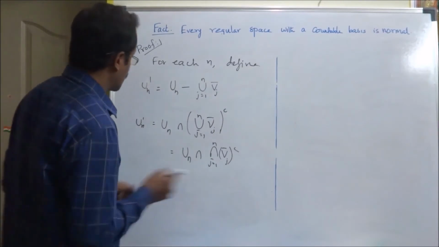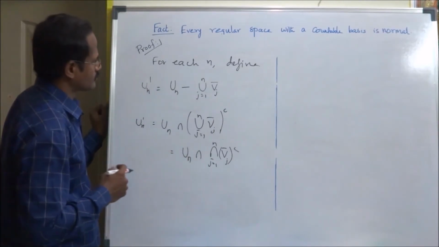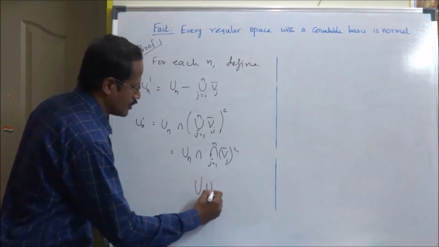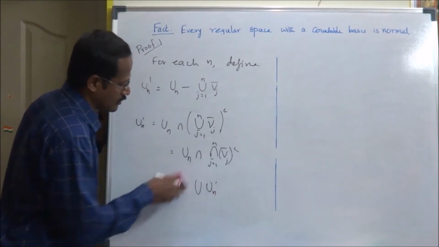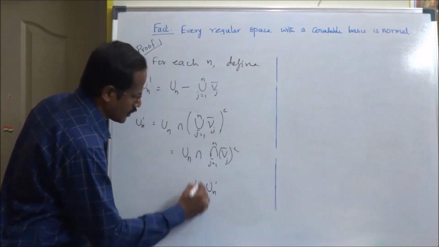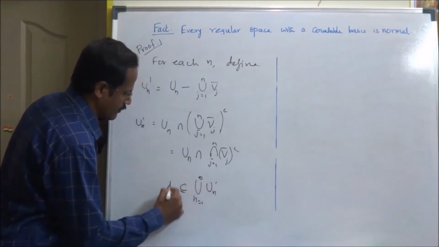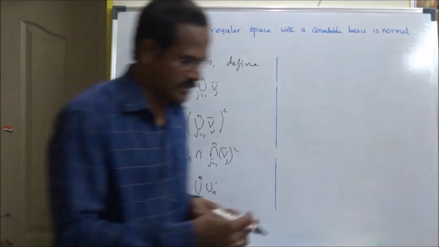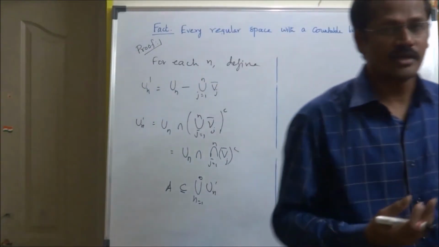Not only that, the union of the Un dash will contain A. Because if we give any x in A, x belongs to Un for some n.